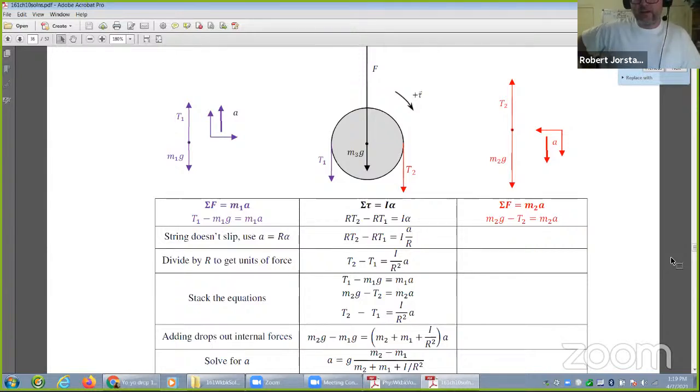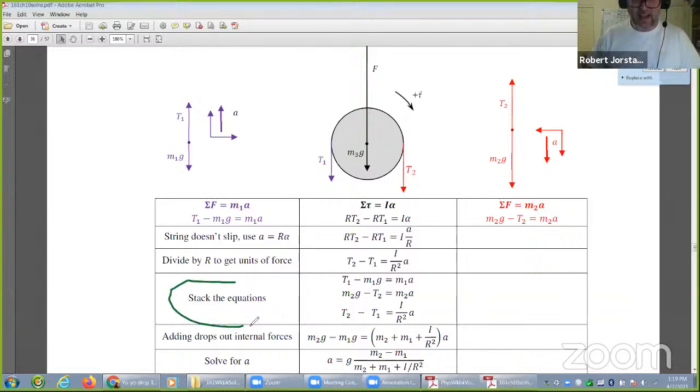There are many correct ways to do this. So basically, I like to stack the equations. In order to stack the equations, you either have to take this equation and divide by r, or take these equations and multiply by r. Either one works. What I did is I divided by r to get units of force in this problem.